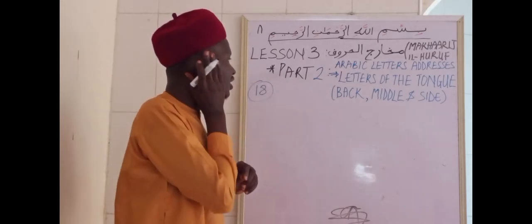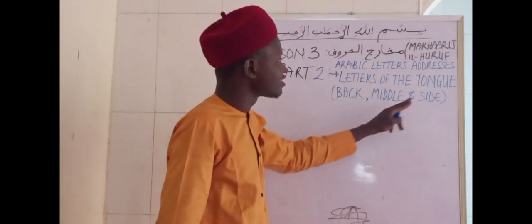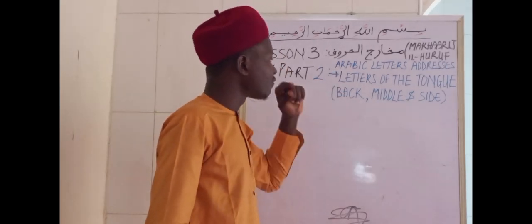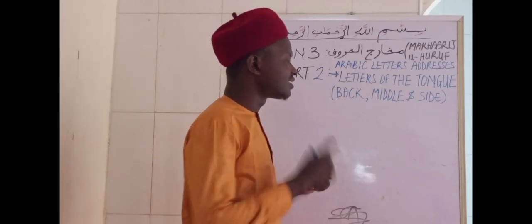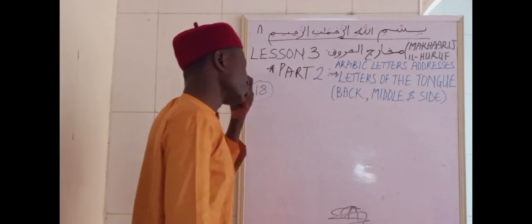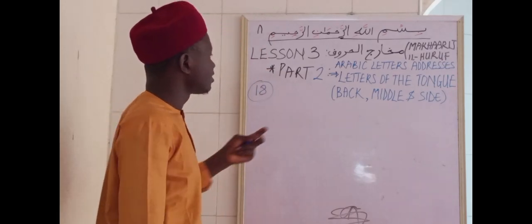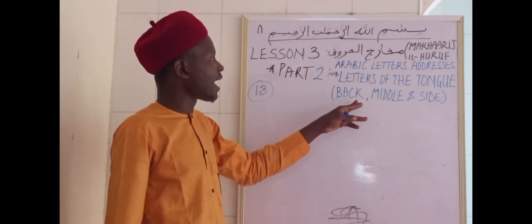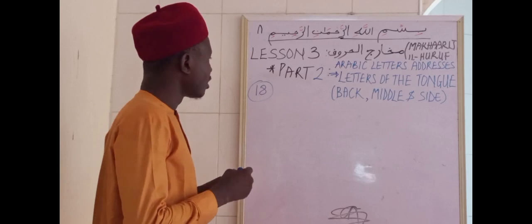But we have broken it down: the back of the tongue, the middle of the tongue, the side of the tongue, the front of the tongue, and we equally have the tip of the tongue. Today we are going to be looking at the back, middle, and the side of the tongue.